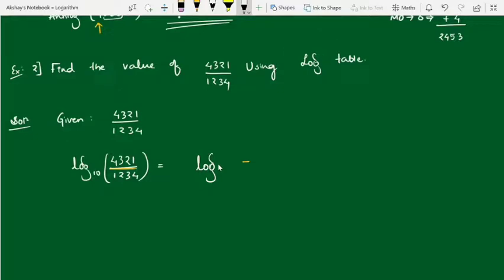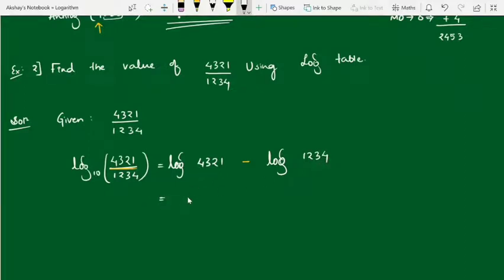Log of, one second, let me start from here. Log of 4321, base value 10, for common logarithm. Shall I write it here? Even if I don't write it, no problem, because if nothing is written, that is common logarithm. So next part, log of, what is b? 1234.